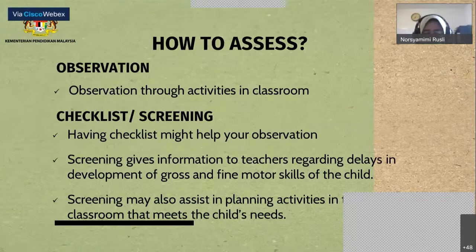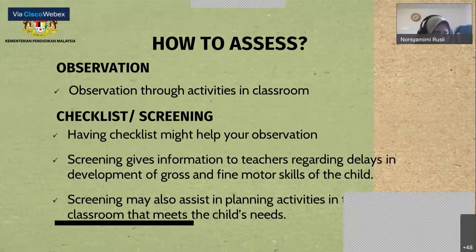I will show you examples of checklists that I usually use with teachers during school visits. Also, teachers can do screening to identify areas of delay in motor skills development. It will also assist in planning appropriate classroom activities to meet the child's individual needs.